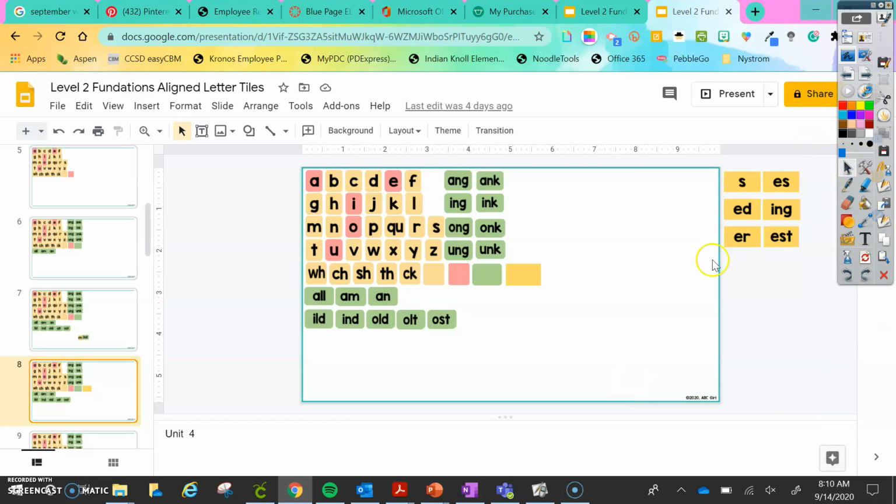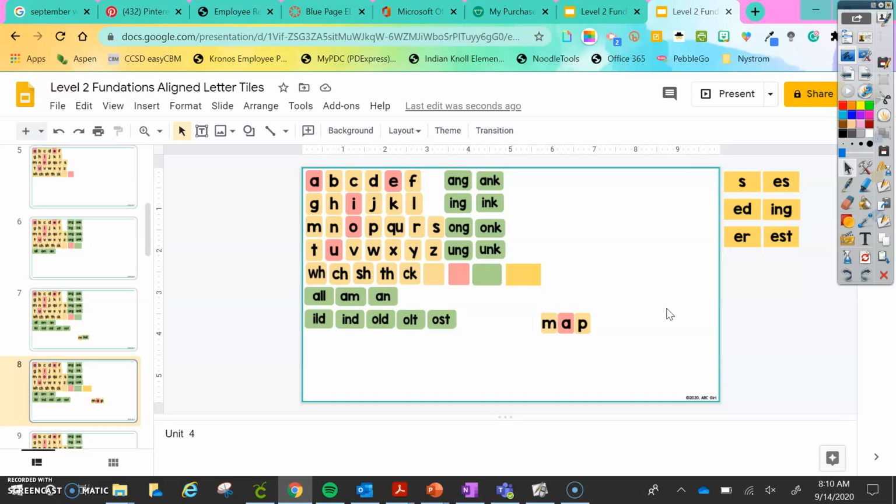So let's start off by making a word right here. All right, I would like for you to tap this out with me. Ready? M-A-P, map. So we have spelled the word map.